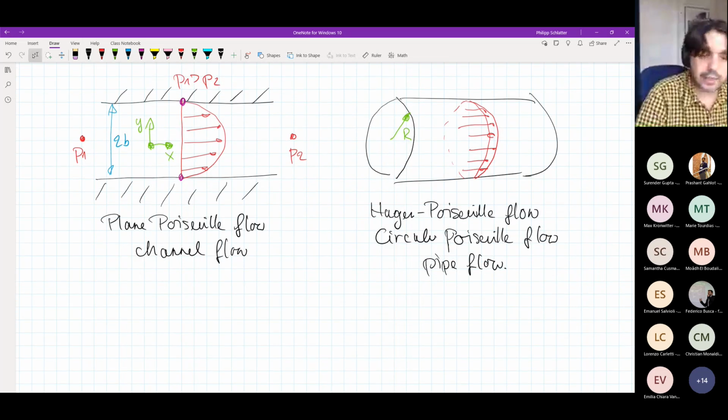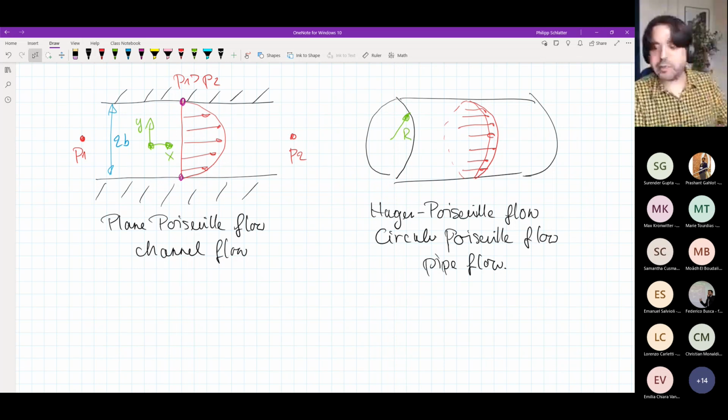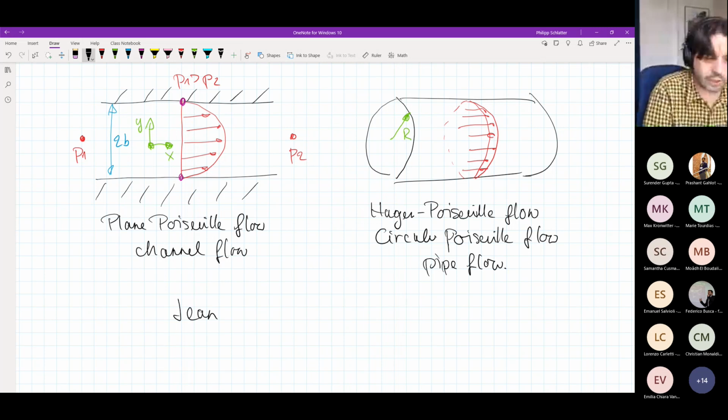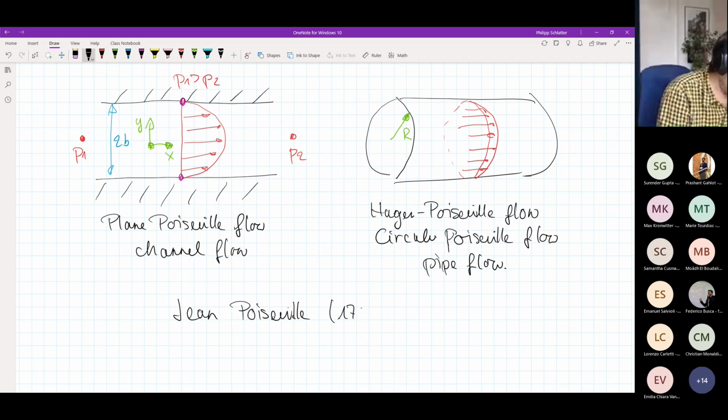And of course, these were standard geometries that people were looking at for a number of years. And historically, the two names that are associated with pipe flow are, of course, Jean Poiseuille, who lived from 1797 until 1869.